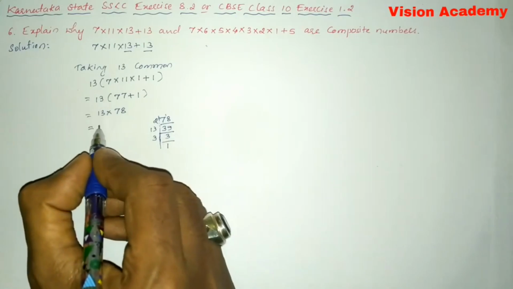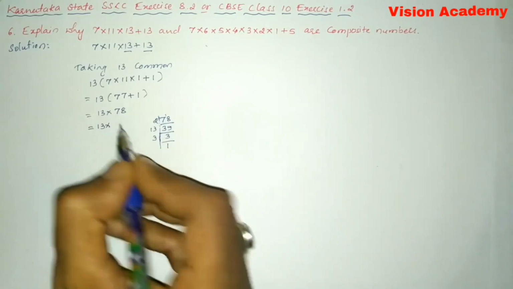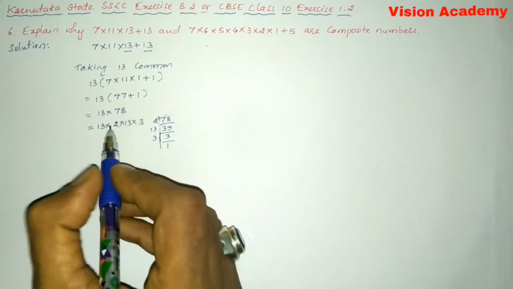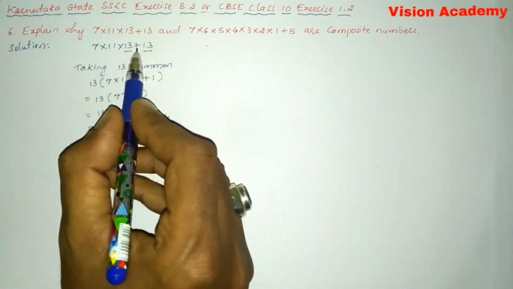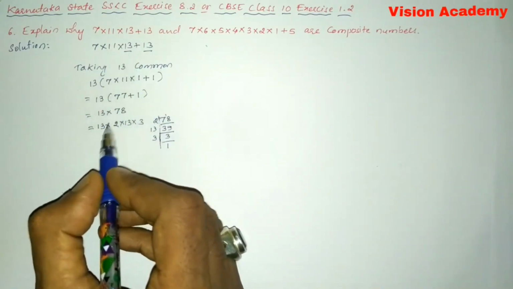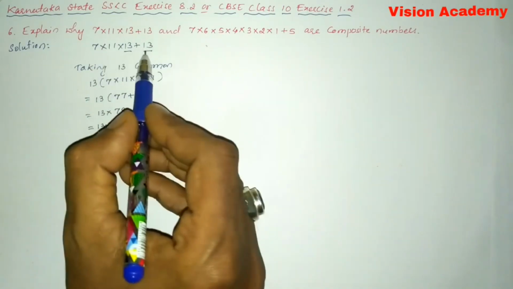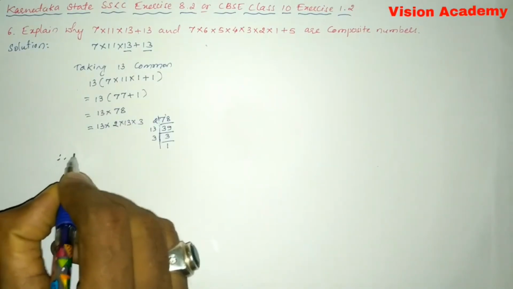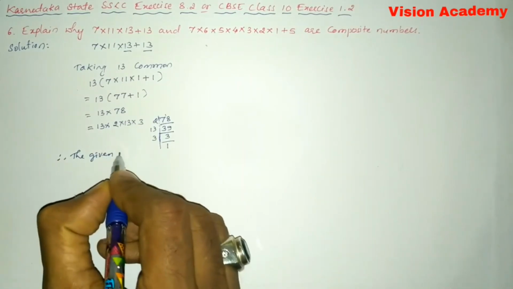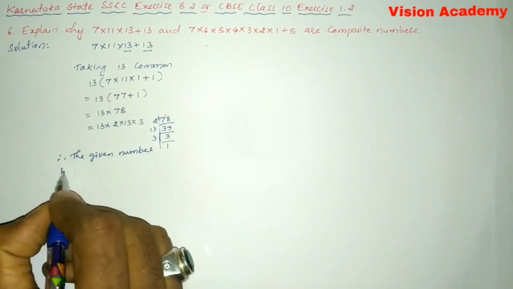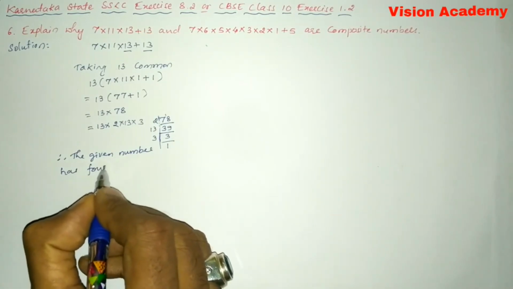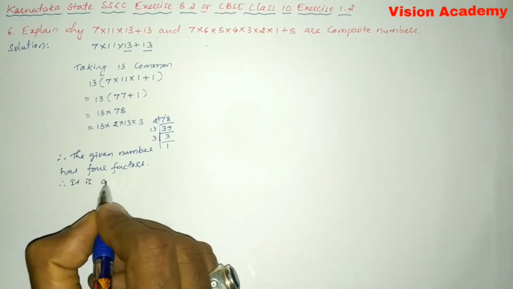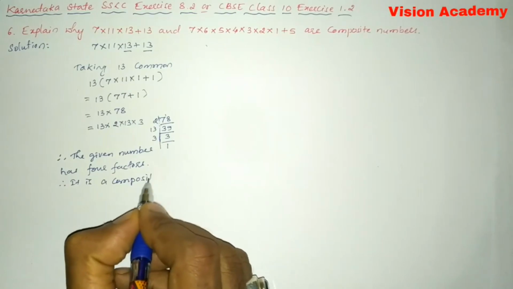Now further, 13 into 78 can be written as 2 into 13 into 3. So here this given number can be divided by more than 2 numbers, like this given number is divided by 1 or itself. Therefore the given number has more than 2 factors, therefore it is a composite number.